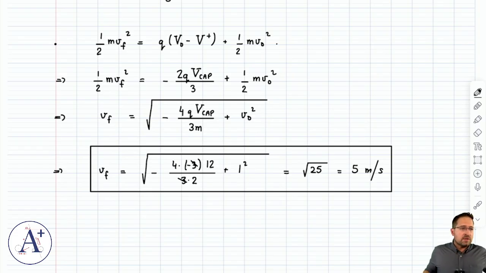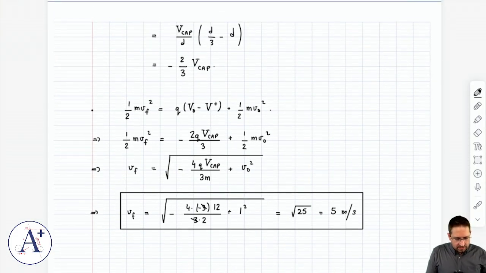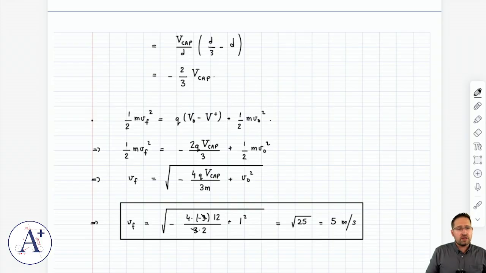Wasn't careful. But hopefully this makes sense, and this should, in theory, bring you back to what we did last week. Right? We said conservation of energy is a big motivation in the electric potential chapter. Particularly, we want to be able to compute these differences here, V plus minus V minus, or V0 minus V plus, or whatever it is, from the electric field, because we know what the electric field is.